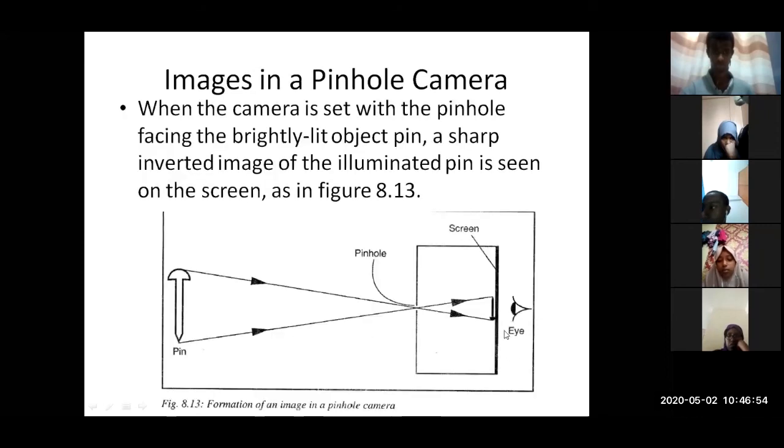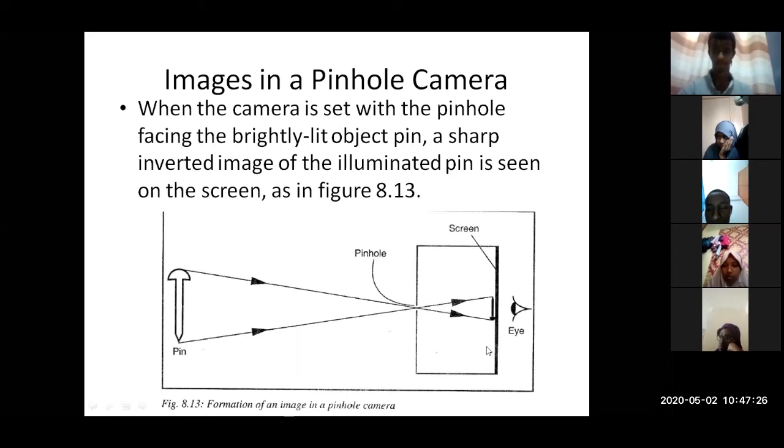The object is placed in front. This is how the rays come and form the image. So the top part of the image becomes the bottom, and the bottom part goes to the top. So when you look at this image and relate to the object, the image is inverted, or upside down. That's very important for whoever has asked that question. So that's how the rays are formed.